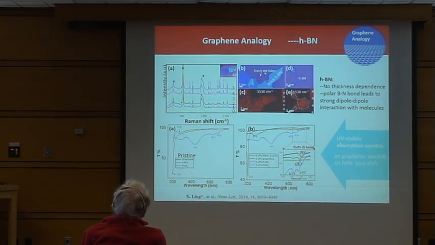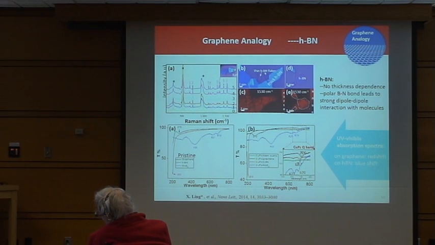At the very beginning, we were very surprised that HBN also shows the enhancement effect, because it's an insulator and it won't have a very strong charge transfer interaction with the molecules, but we see it has very significant enhancement. So finally, with the assistance of UV absorption spectroscopy, we think graphene and HBN follow different mechanisms.